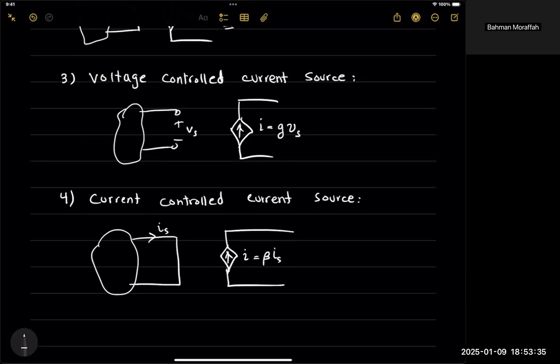So these are basically the only types of dependent sources that we have.